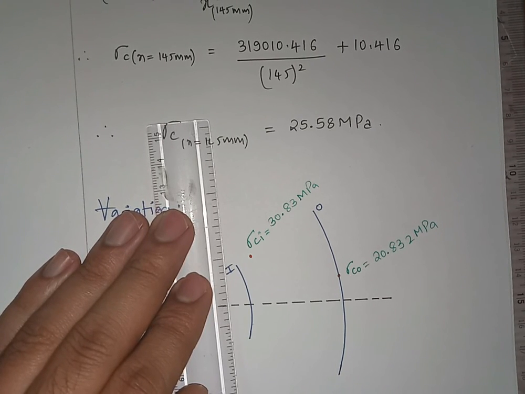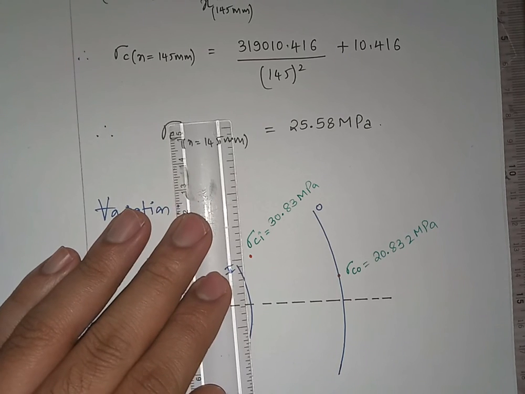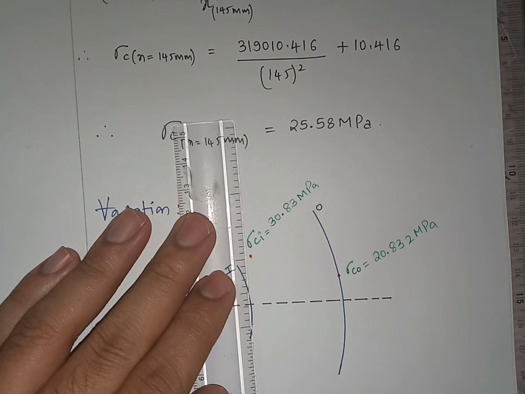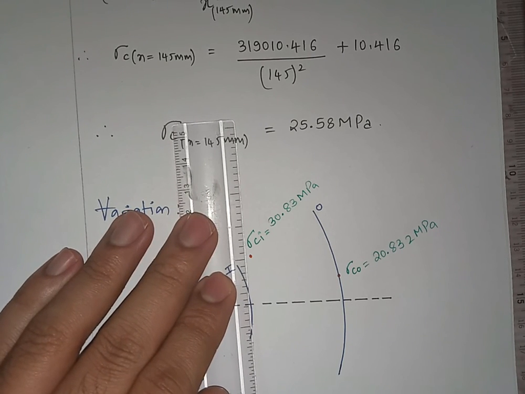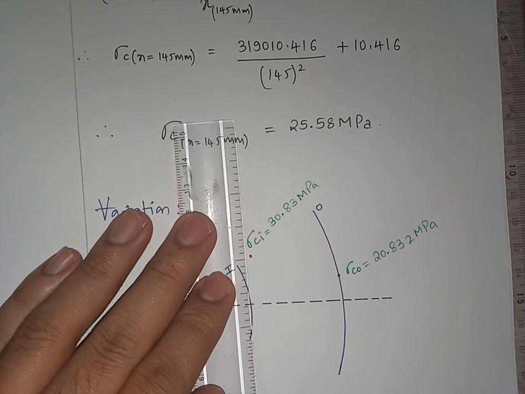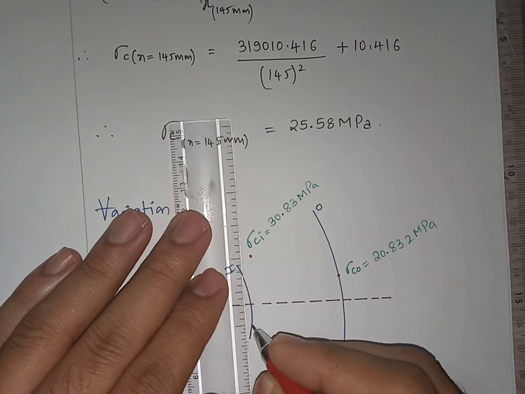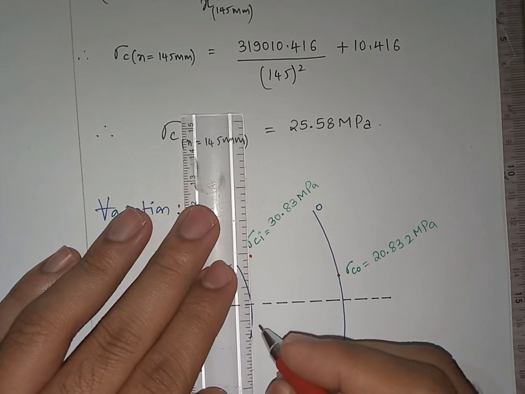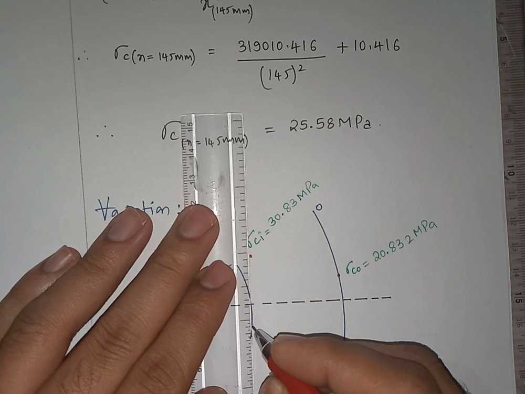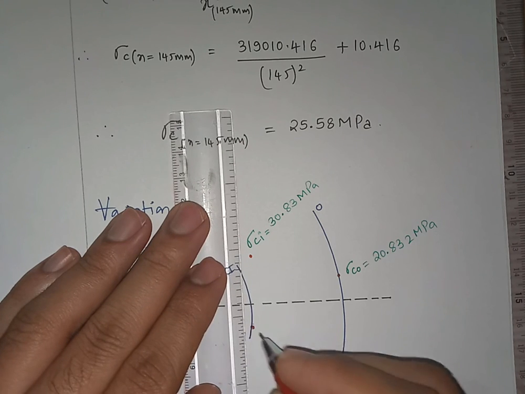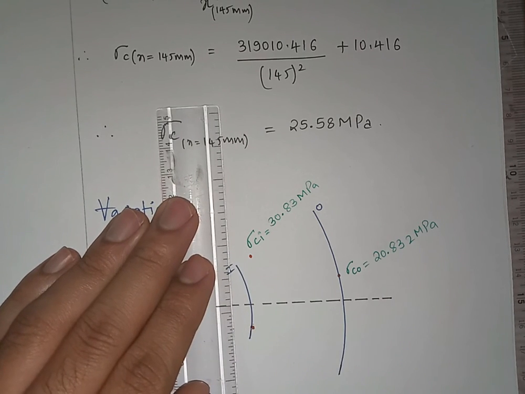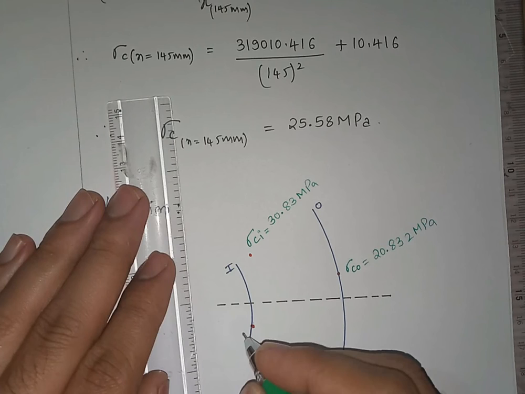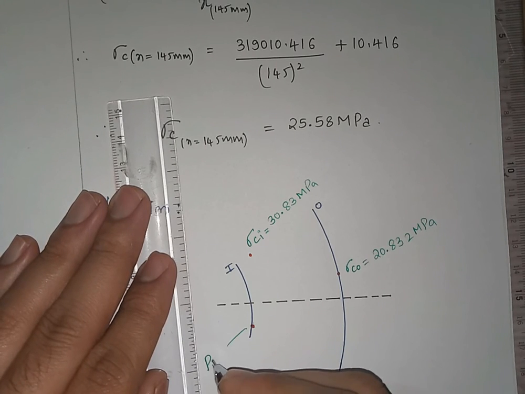Next I'll mark internal pressure. The value of internal pressure Pi is 10 MPa. Let me mark it somewhere over here. So this is Pi, 10 MPa.